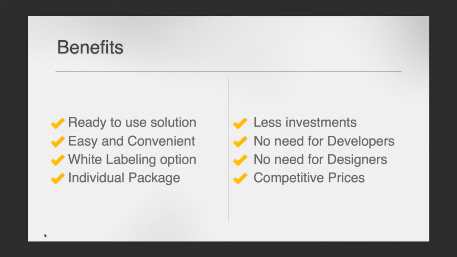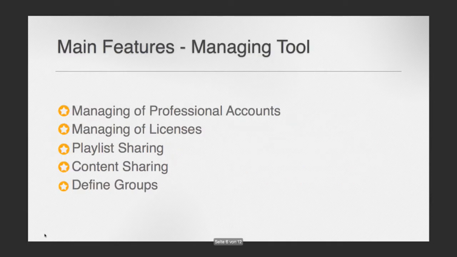The enterprise partner can select a white labeling solution. I will show you later in the live demonstration. And we are offering individual packages. And the best part regarding the pricing is that we are offering competitive prices, so that also the partner who is using the enterprise solution is competitive on the market.